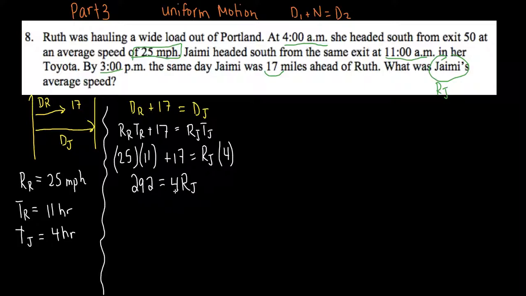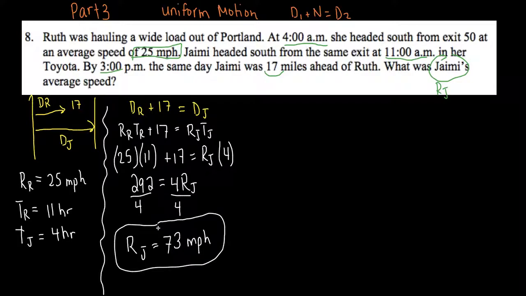Then I divide both sides by 4 to solve, and I get RJ equals 73 miles per hour. That was exactly what the question was asking for, so I don't have to take any further steps or plug anything else in. And that's it for that type of question.